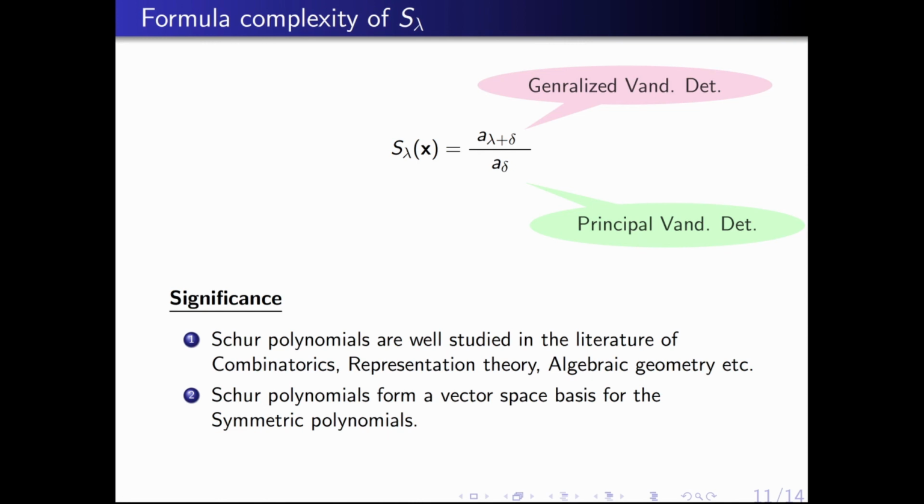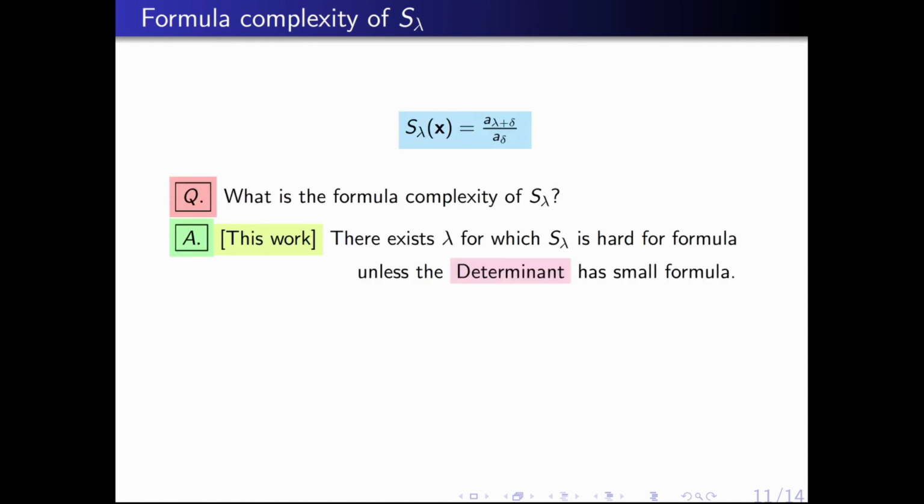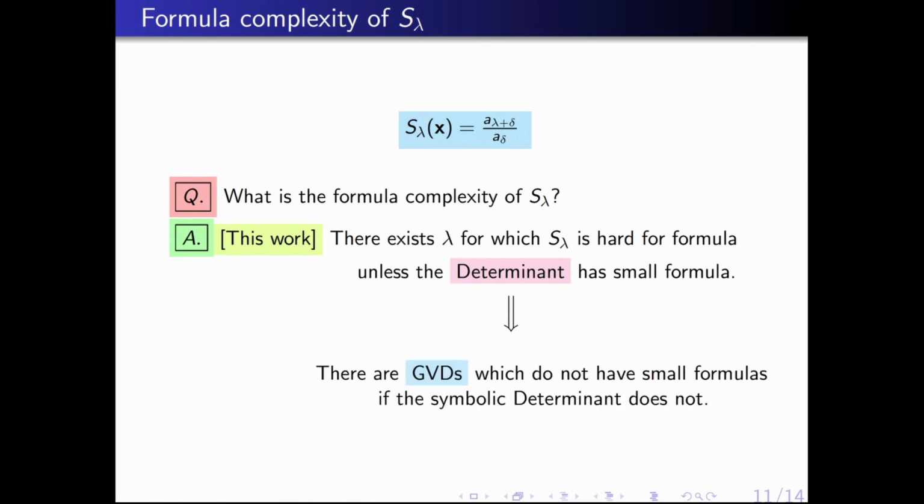In this work, we proved that there exists lambda for which S lambda is hard for formula, unless the symbolic determinant does have a small formula. This is the overall work, and this will imply that generalized van der Monde determinants do not have small formulas if the symbolic determinant doesn't.